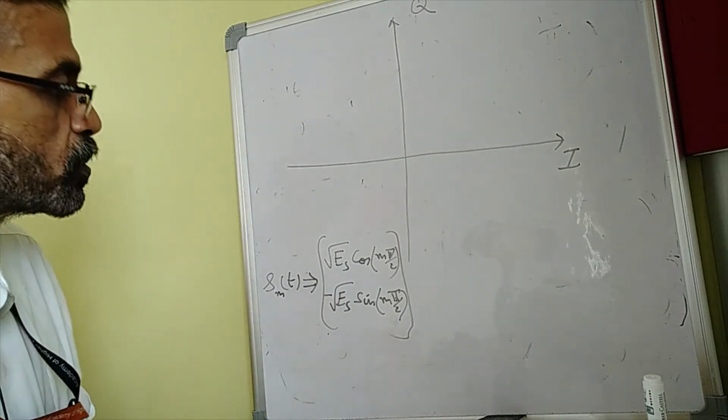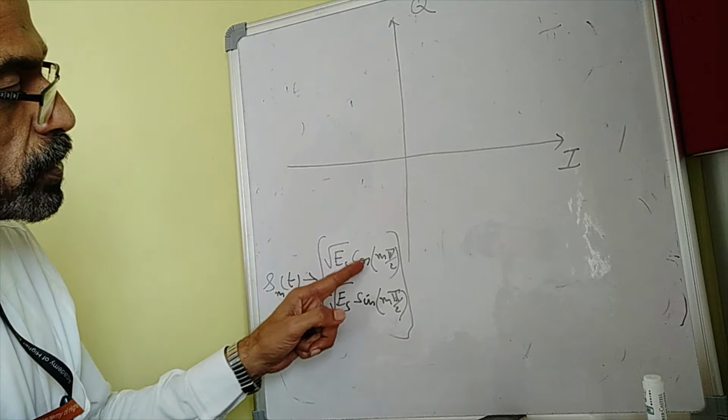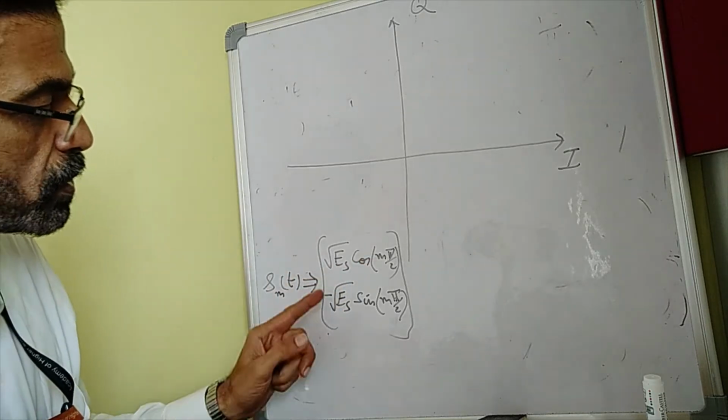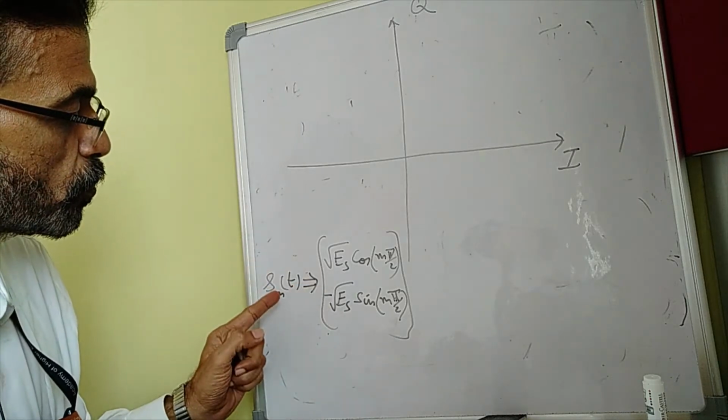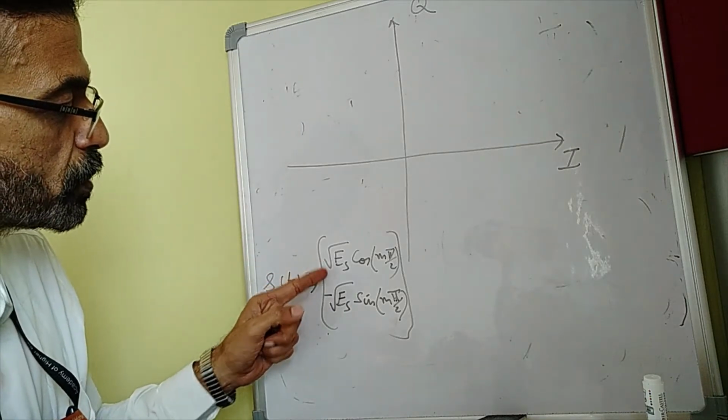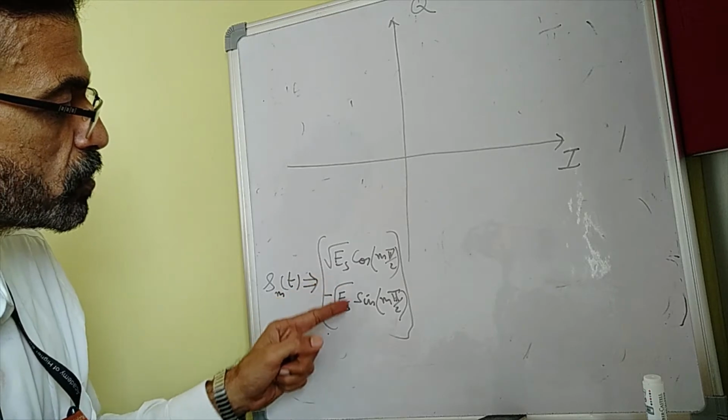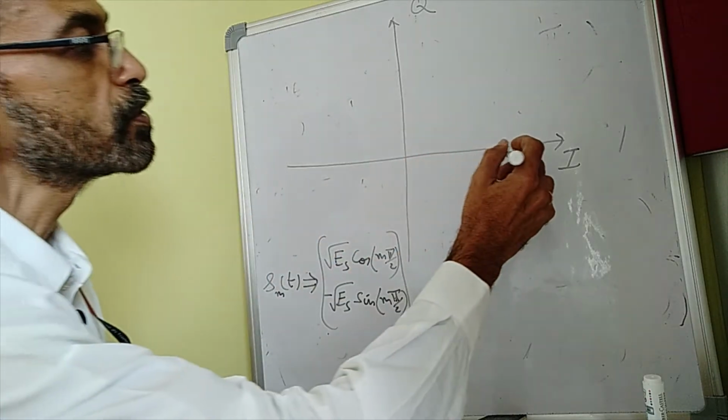So when I take m equal to 0, I have root Es cos 0, which is root Es, and minus root Es sin 0, which is 0. So the in-phase coordinate is root Es and the quadrature coordinate is 0. So s0(t) will be here.